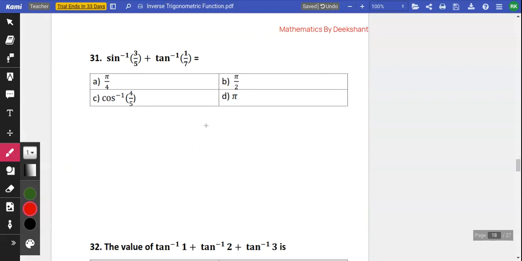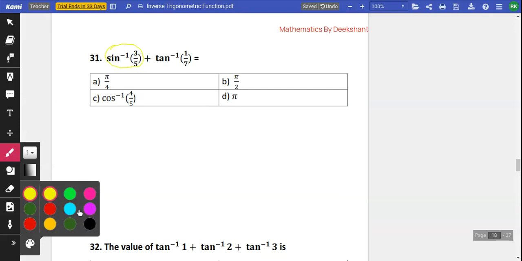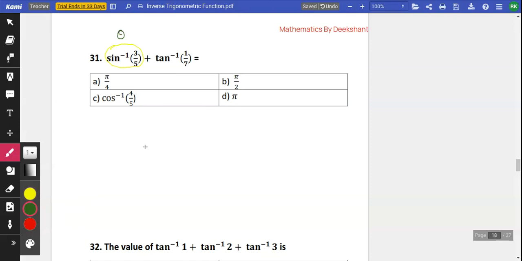In this question, sine inverse 3 by 5 plus tan inverse 1 by 7. Now we try to convert this sine inverse in terms of tan inverse. Suppose this term is angle theta. Sine inverse 3 by 5 equals theta, and sine theta equals 3 by 5.